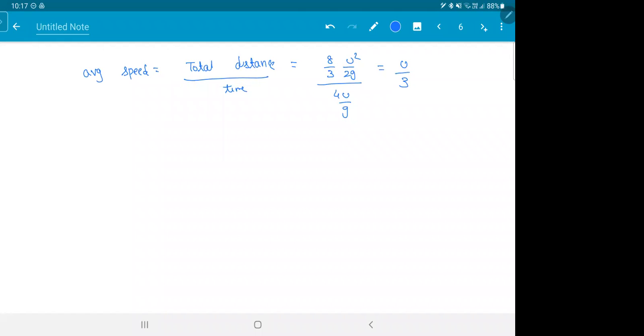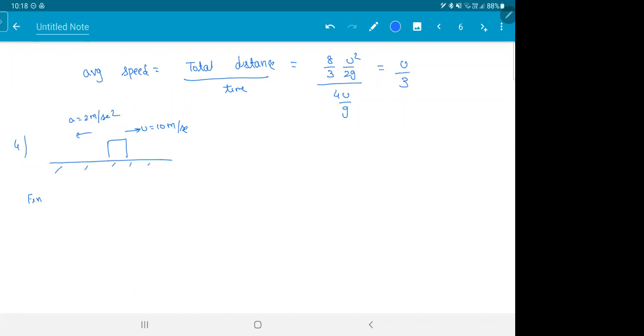Clear? Next one. Let's see how many of you remember this. We have a car whose initial speed is 10 meters per second. Acceleration is 2 meters per second square. Exact same question we have done.